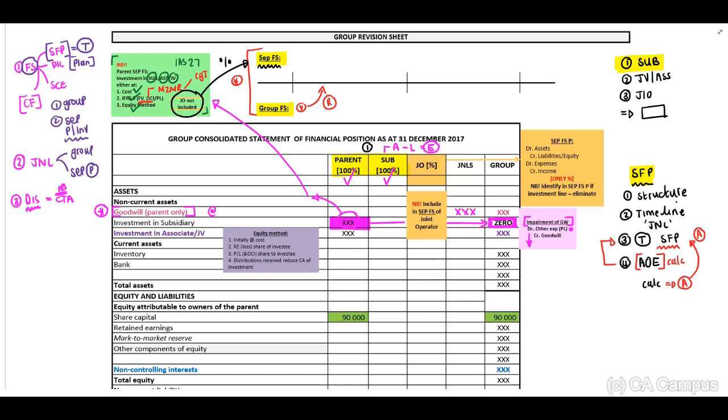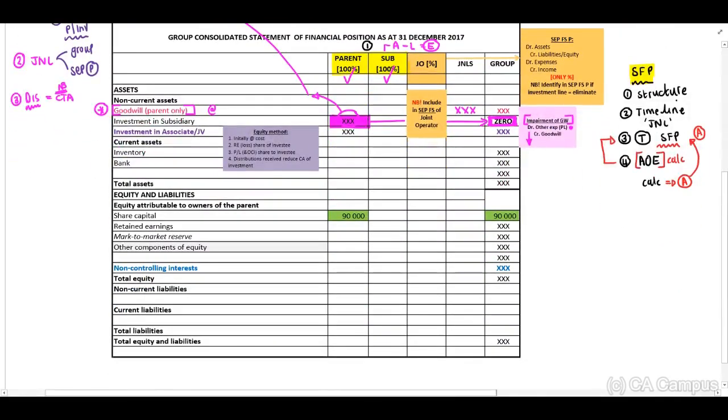Then when you move down and you look at our equity and liabilities section, we have share capital. Now guys, again important, this will only be your parent's portion of share capital in your group. Therefore, you see I have included this as green 90,000. Remember, this is only an extract.